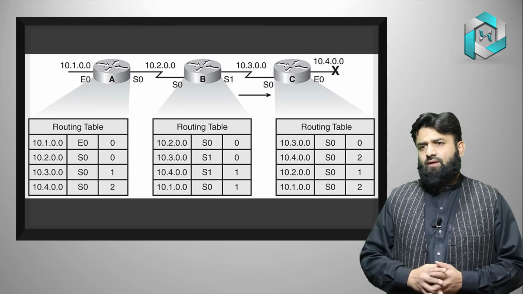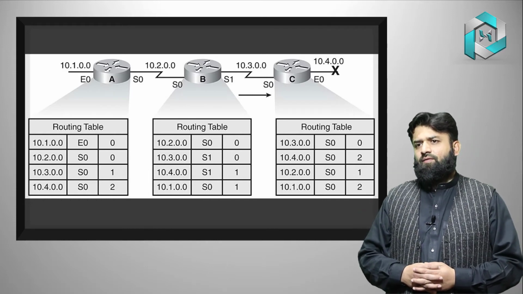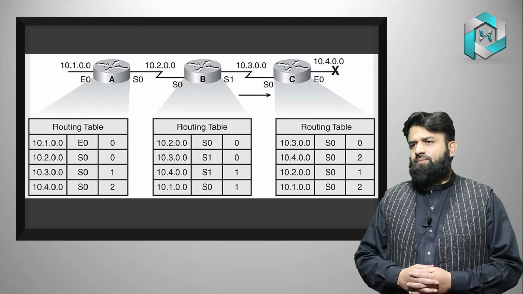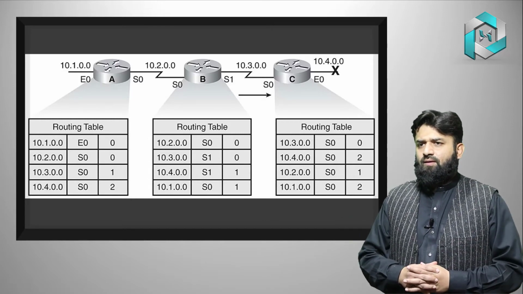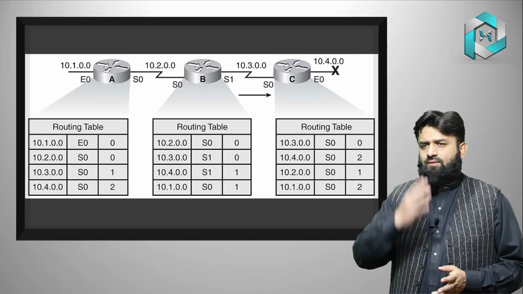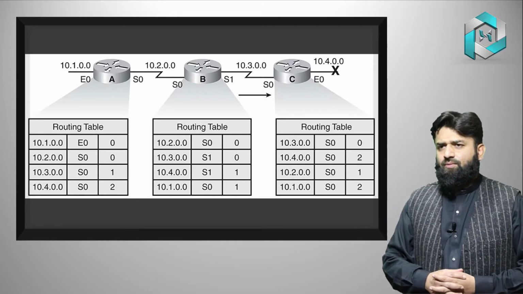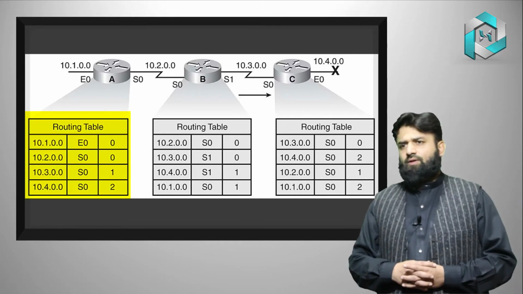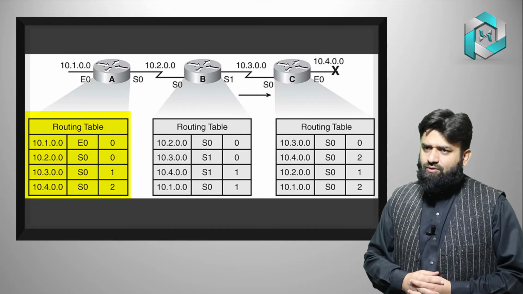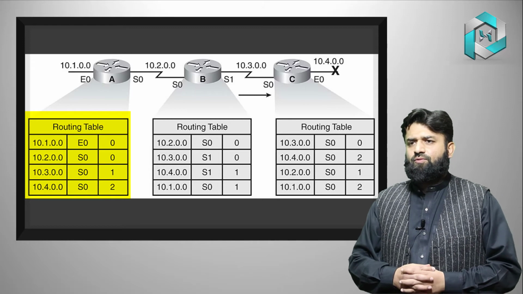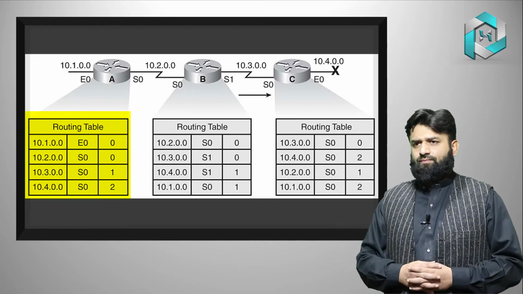So we can see here we have three different routers A, B, C. All of them have certain routing tables. Let's come to the routing table of router A. Router A has an Ethernet port, which is denoted as E0, and a serial port, which is denoted as S0.